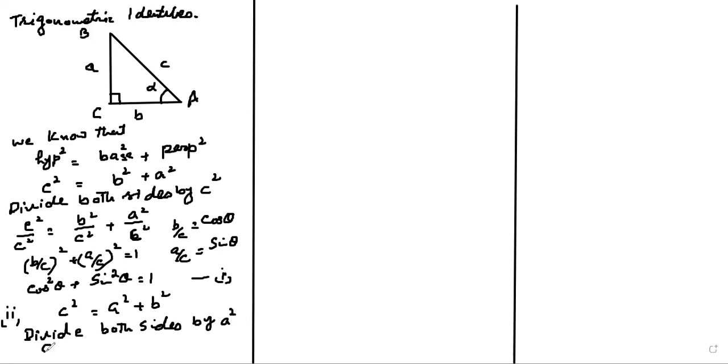So we have on the left hand side C square over A square equals A square over A square plus B square over A square. So this will become C over A, the whole square, equals 1 plus B over A, the whole square.